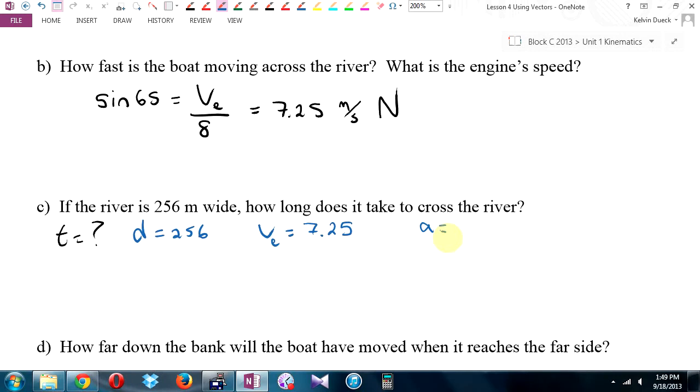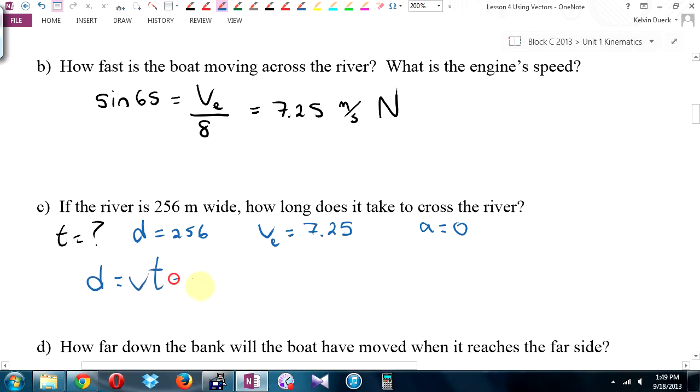Constant speed, okay? What equation can I go with here that has a T, a D, a V, and an A? I think you actually just end up with this, don't you? It's plus a half AT squared, but what's A? Zero. So I think, Claire, that whole thing you just have that, yeah? Get the T by itself, Angel.